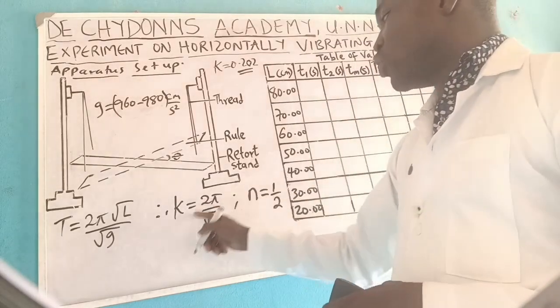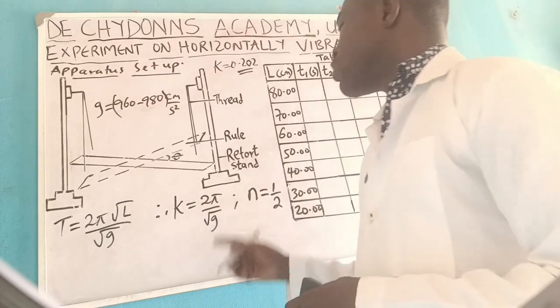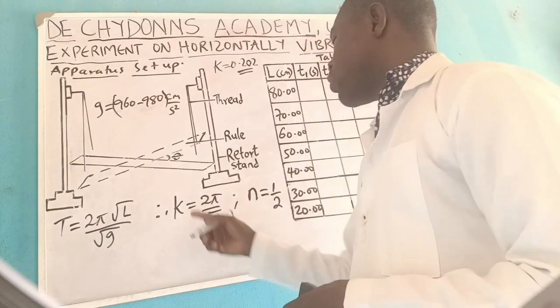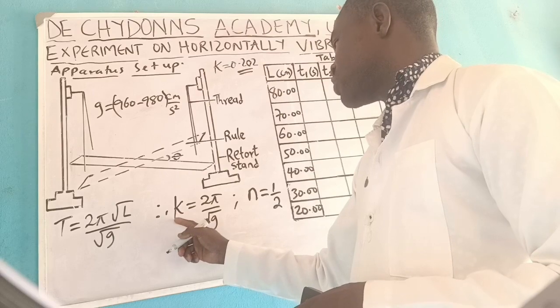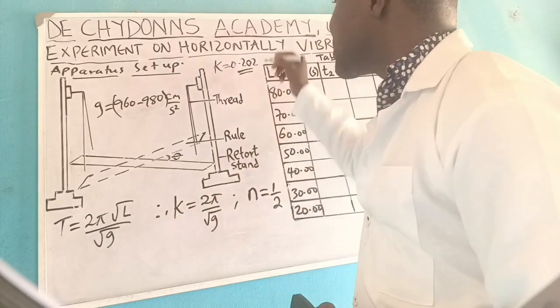Note this. Then we are now saying that when you check for k, the unit of k should be in seconds.